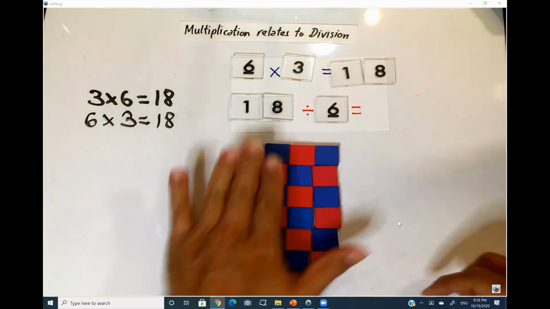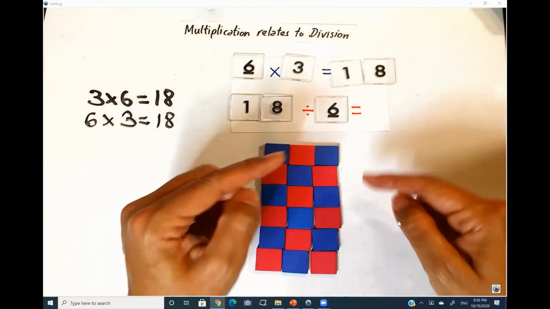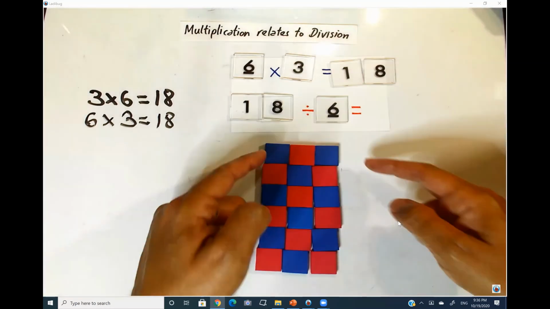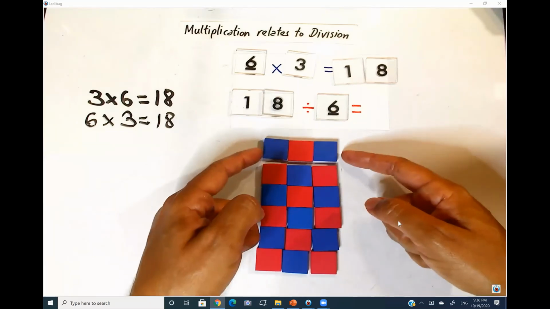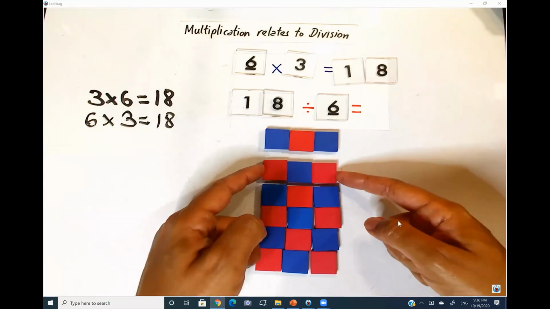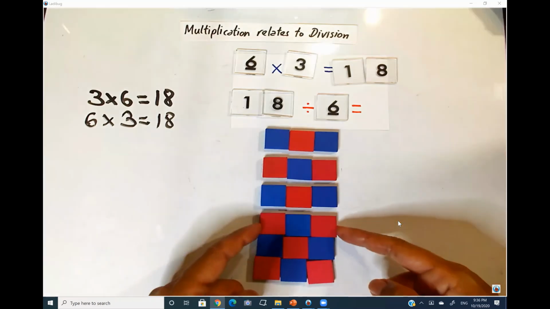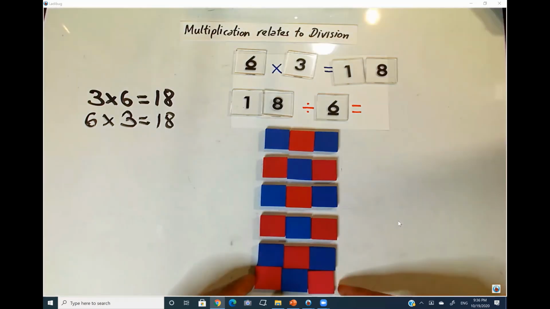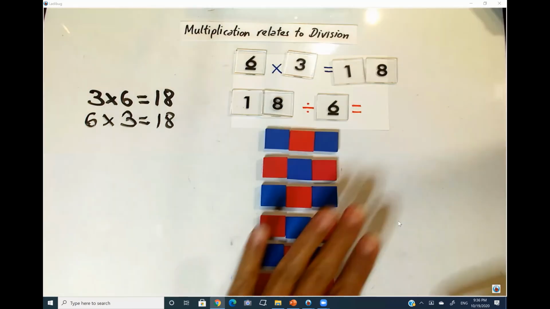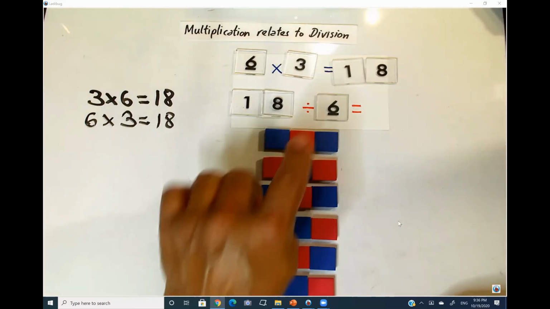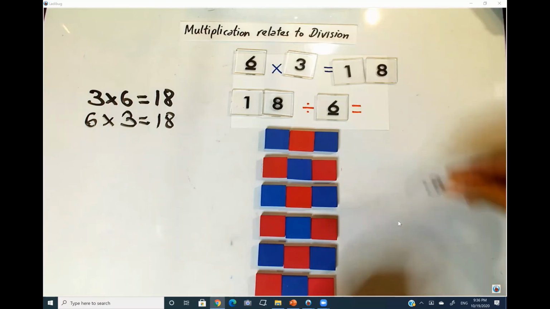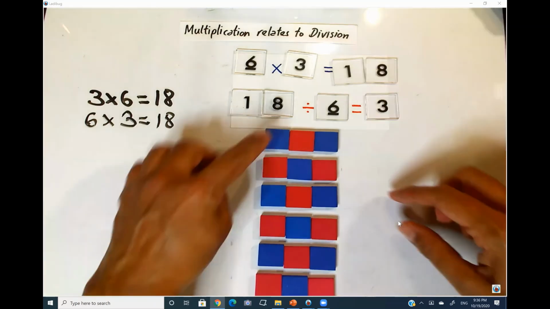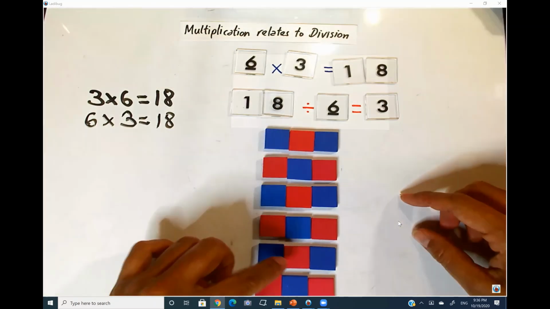So I have 18, and then this time I'm separating in equal groups because division is about separating in equal groups. So that's 1 group, 2 groups, 3 groups, 4 groups, 5 groups, and 6 groups. So I separated my 18 objects in 6 groups, and my answer is going to be how many on each group. So the answer is 3 on each group, and you can see it right there.